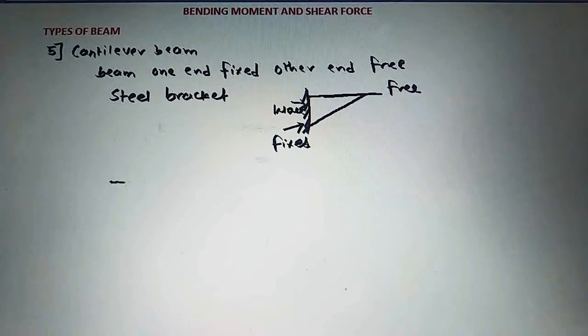Now see here, this is a beam whose one end is fixed and the other end is free. So this is the cantilever beam here.